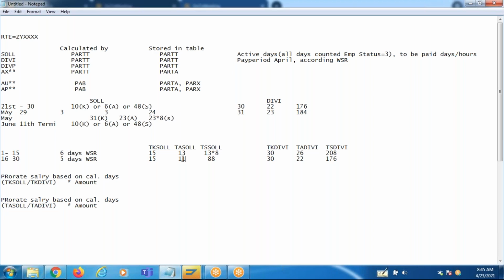In the second split, 11 divided by 22. You do not have to write 2 times. This will take care for each partial period, because you are doing it based on partial period. So if you have 2 splits, 2 times executed, 3 splits, 3 times executed. So working days formula, working on scheduled days.